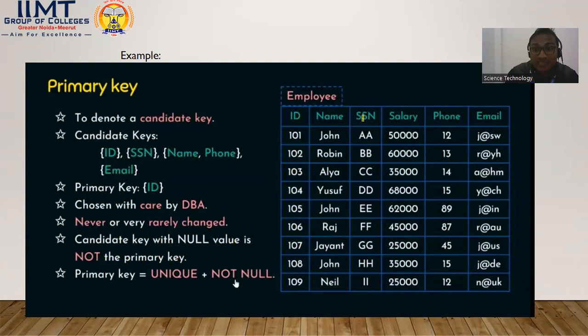We can make SSN number and email ID as a primary key, but we set the best suitable for the primary key, and remaining all are the candidate key. This is the candidate key, this is candidate key, and this is the primary key. Okay, primary key equals unique plus not null. Every record is unique and not null. Okay.